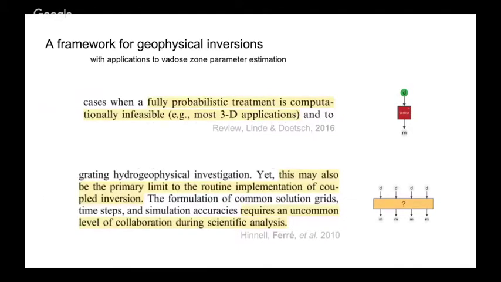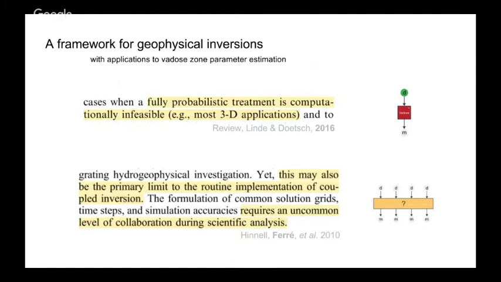So in summary, the two contributions of this work are, first, a computationally scalable approach in the context of Richards' equation and direct current resistivity, putting those together in a way that attacks this 3D application.